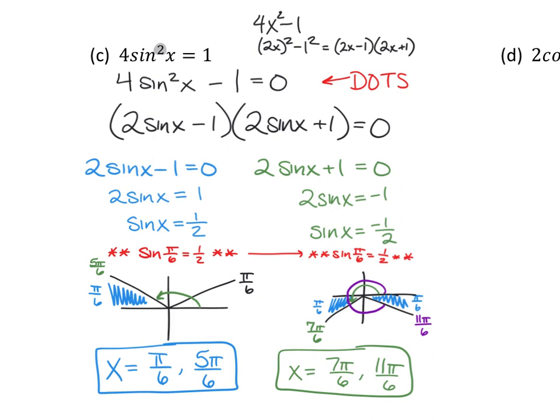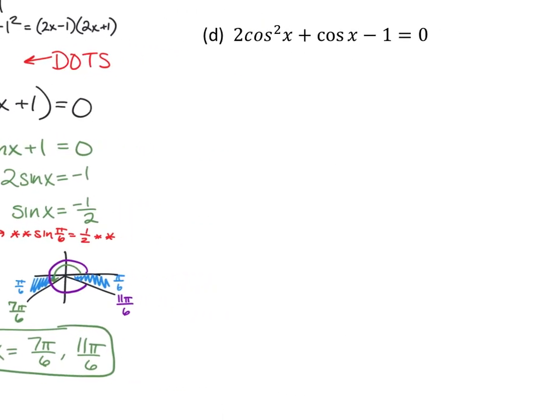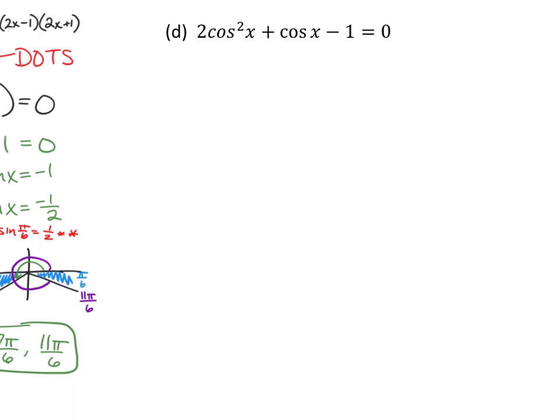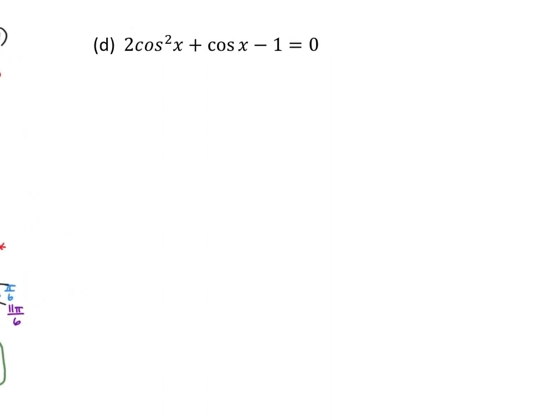This next problem is going to introduce to you something that you have not seen before, but will be used in calculus a lot. It's called u substitution. It's only called u substitution because you use the variable u. Let me explain. Do you notice that this is a quadratic?